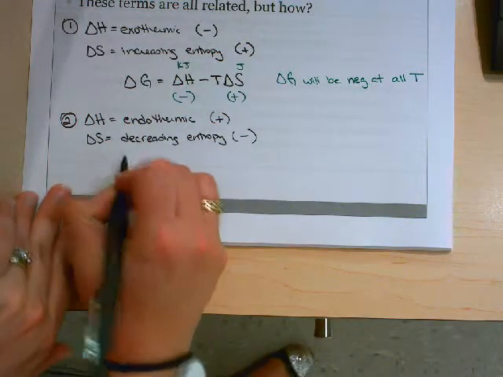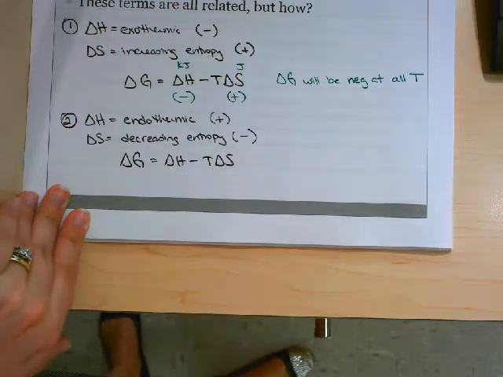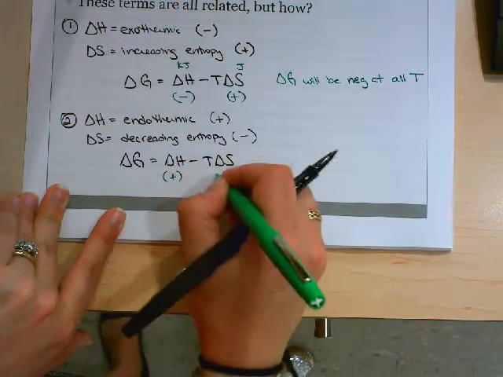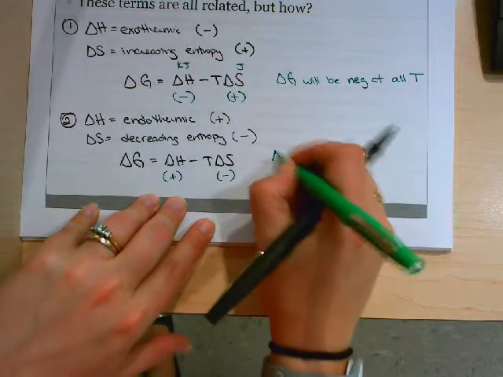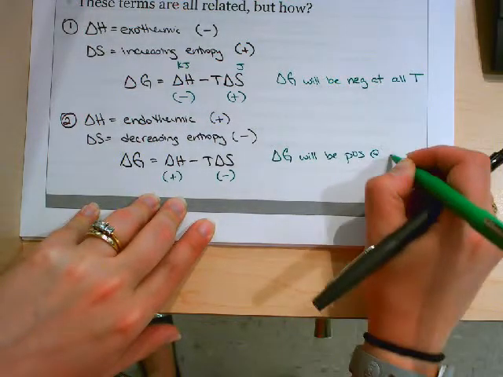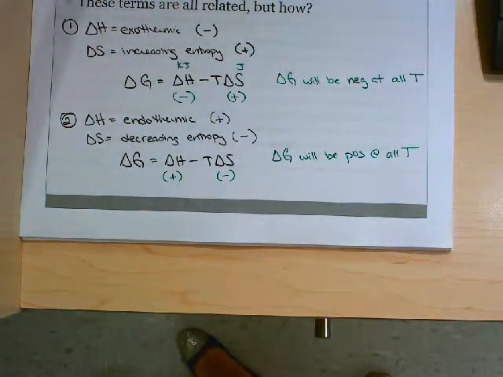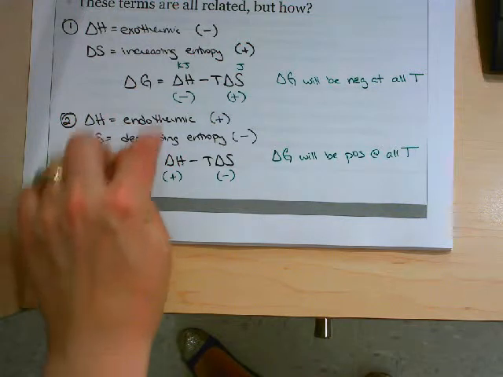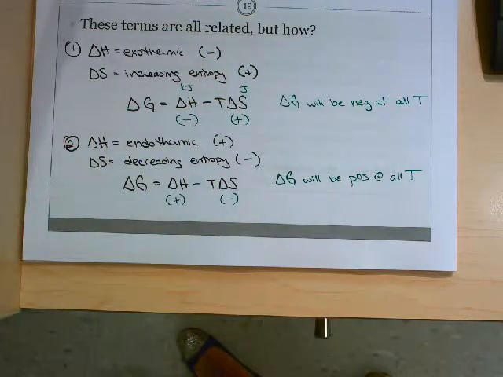No. So if I combine them together into my Gibbs free energy equation, what is going to be the overall sign of delta G most likely? It'll always, yes. So if you have this combination of things, it'll always be positive. If you have that combination of things, it'll always be negative.